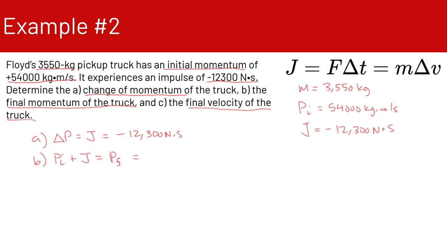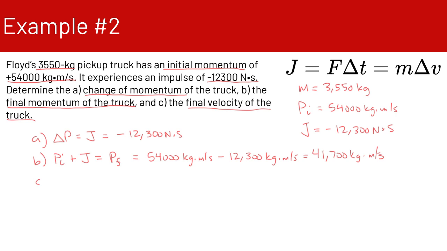So our initial momentum is 54,000 kilogram meters per second plus the impulse, which is a negative 12,300 Newton seconds, which is the same thing as kilogram meters per second. So that's equal to 41,700 kilogram meters per second.